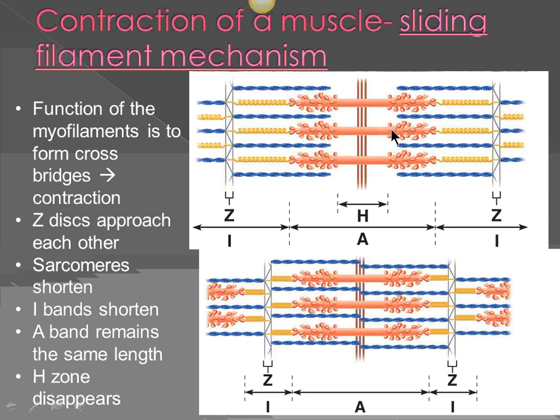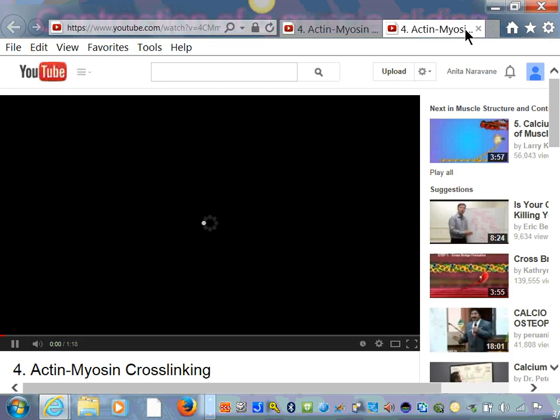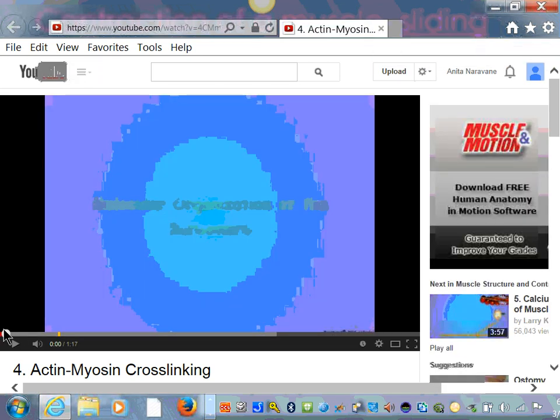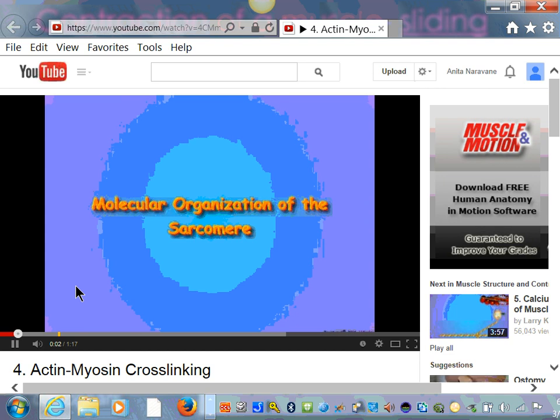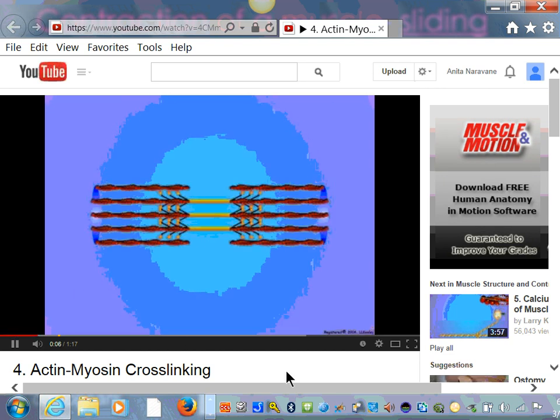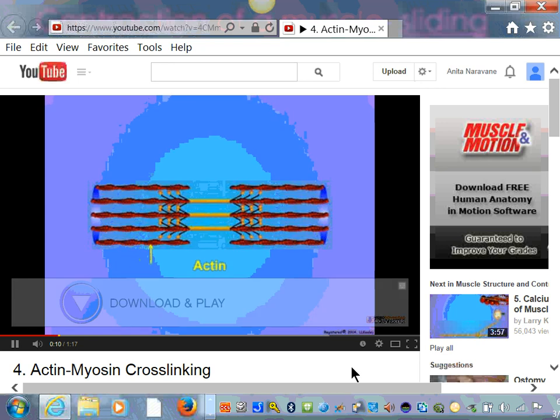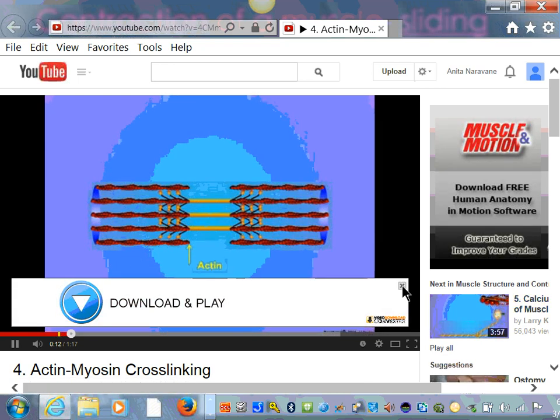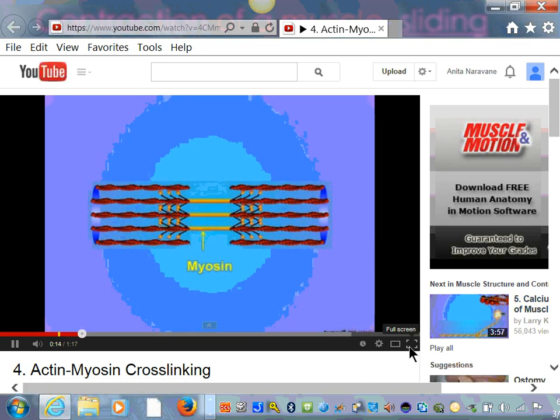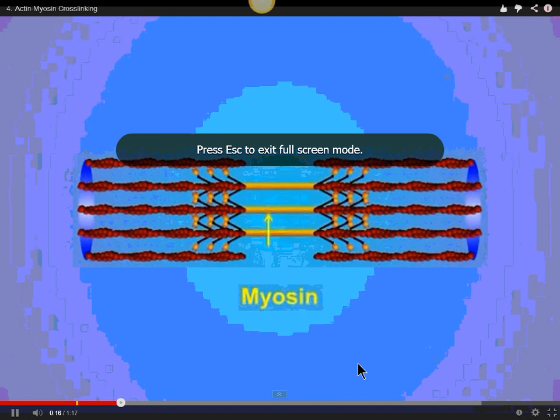Okay, now let's look at this. This scene shows the molecular relationships of actin and myosin relative to the banding pattern of the sarcomere and demonstrates how this relates to sarcomere contraction.